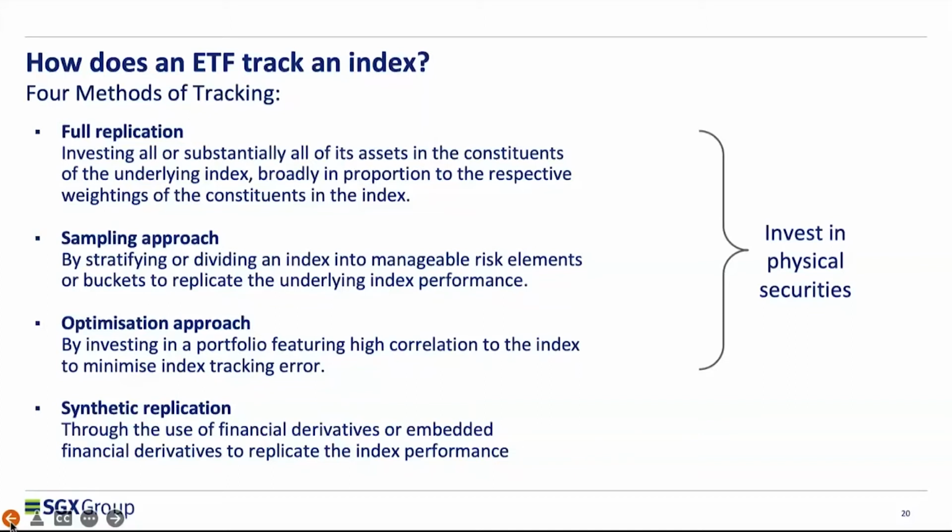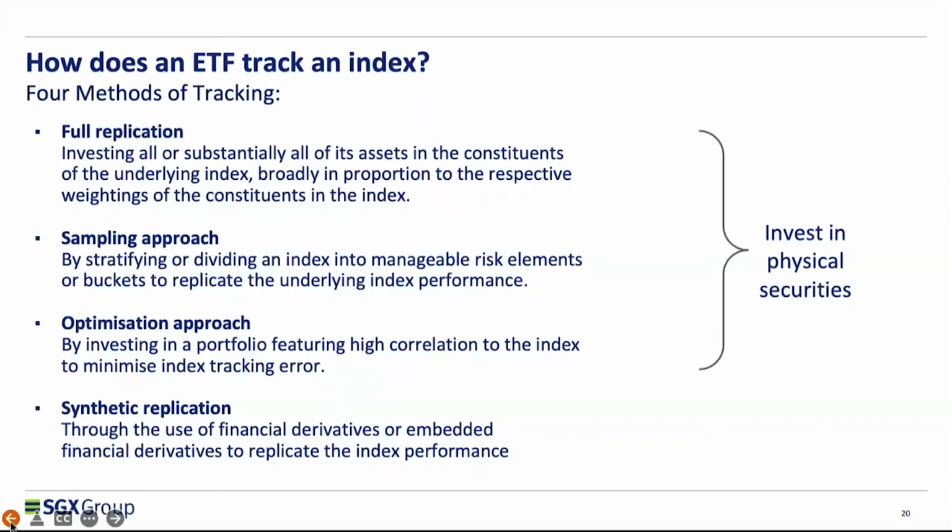However, if instead of investing in all 30, the ETF decided to invest in only 10, that is what will be termed a sampling approach. In other words, you take a sample and use it to represent the entire holding that the index is tracking. Of course, there's no need to do that for the STI index.